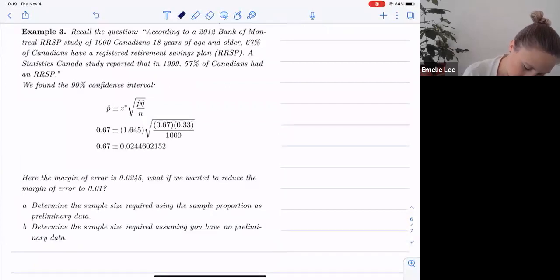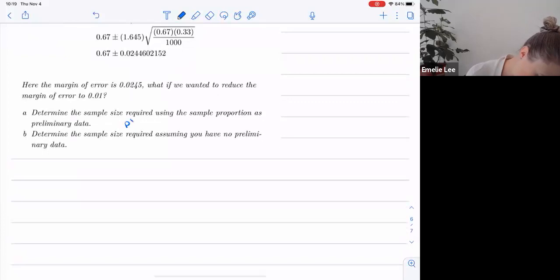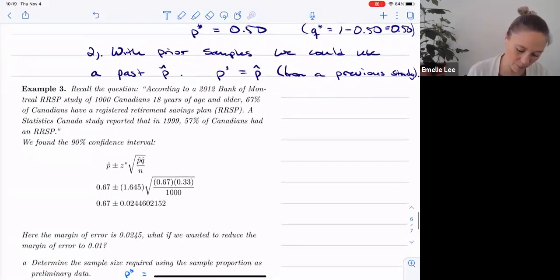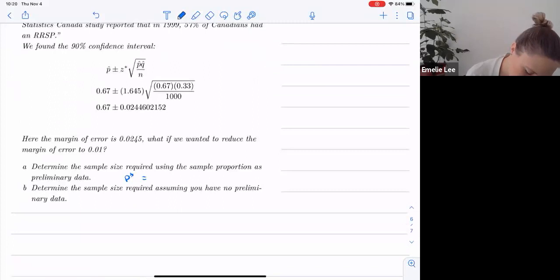So here, this is when P star is equal to that sample proportion, which was 67%, 0.67. P star is 0.67.